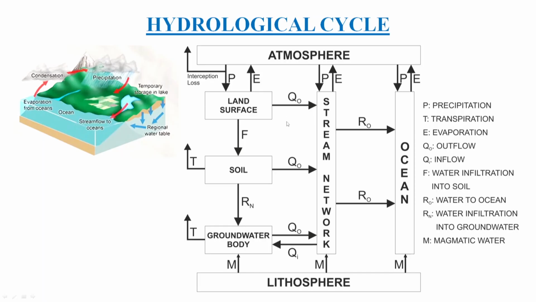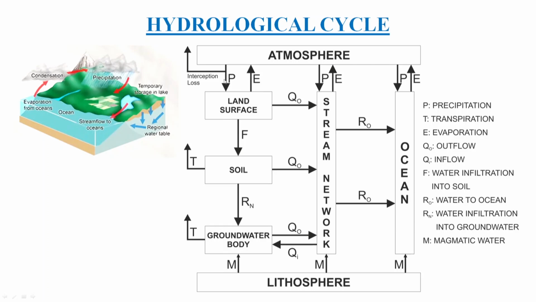Now, if I look at this very specific diagram of the hydrological cycle, I have two end members here, the atmosphere and the lithosphere, and within this all your groundwater or freshwater activities are constrained. If I start from the atmosphere, precipitation is going on the land surface, and evaporation is also going on from the land surface.